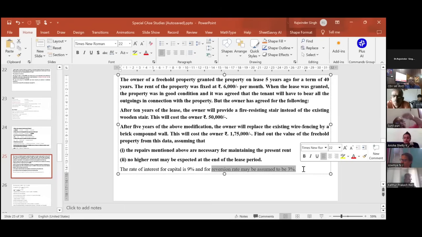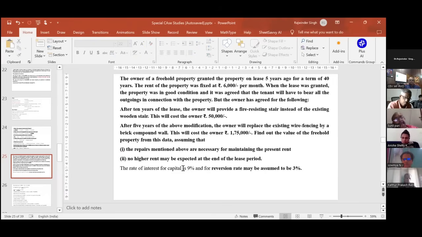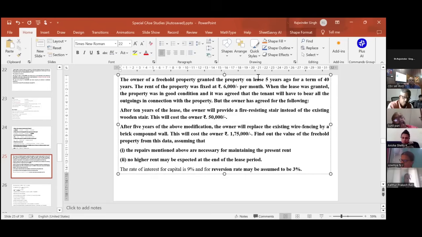There is a difference between redemption and reversion. So many times we confuse these two terms. Okay, clear? So we will be using YP single rate for 9%, 35 years.